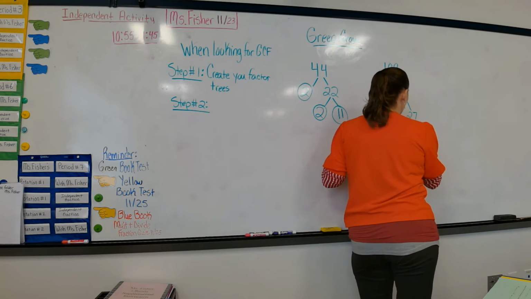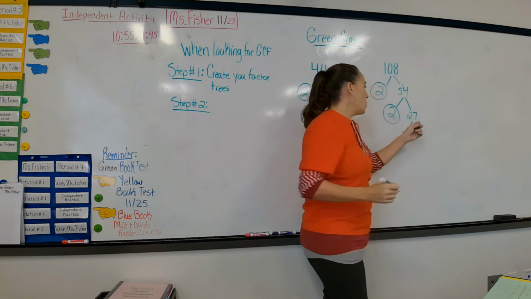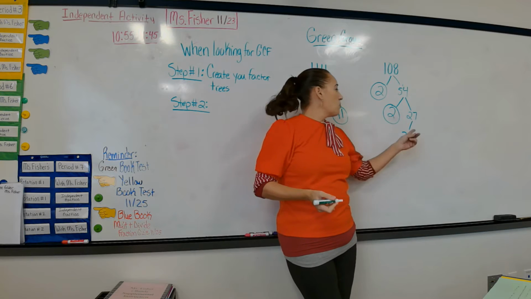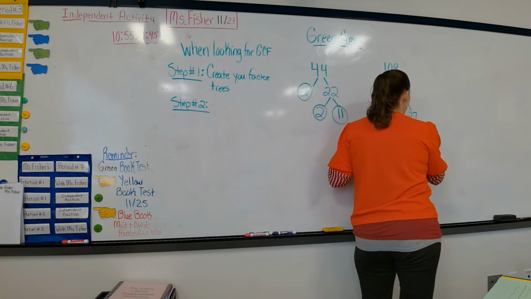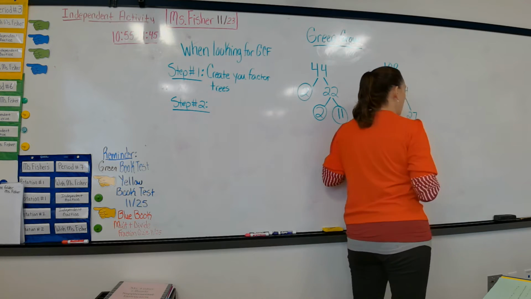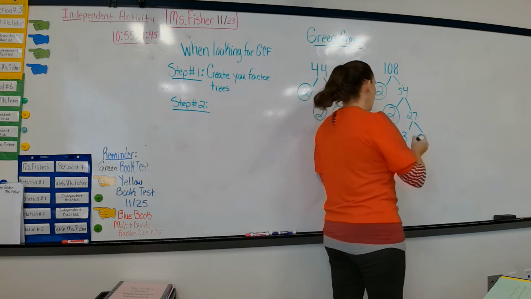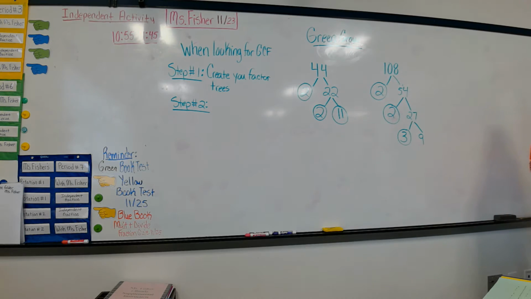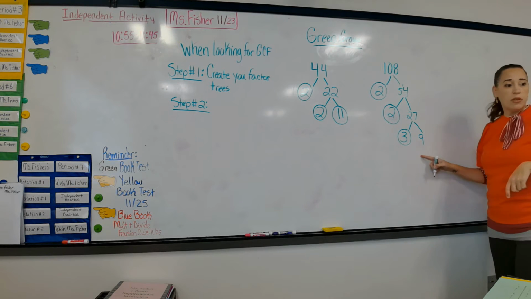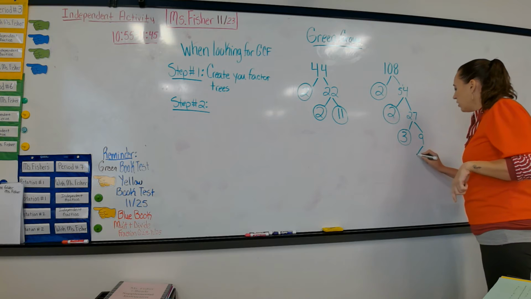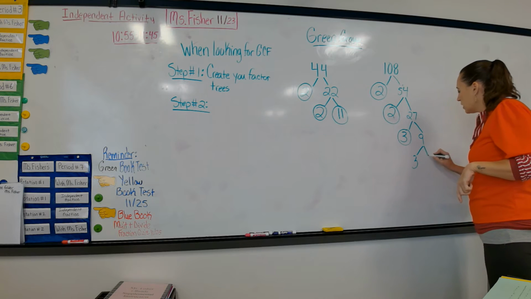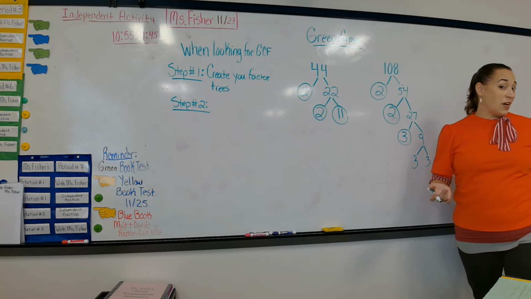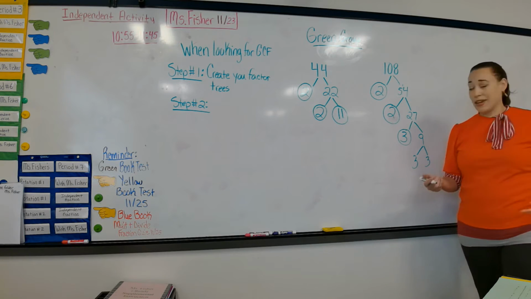This one I'm going to say 3, because I can't do 2 anymore because it's an odd number. So we know right away I'm done with the 2's. So I'm going to say 3 times 9 gives me 27. 3 is a prime number, so I'm going to circle it. And now I just got to get my 9 down to prime numbers. And we know 3 times 3 is 9, because the last section in this unit is working with squares. And we know 3 squared is 9.